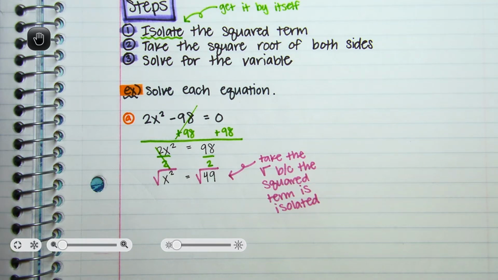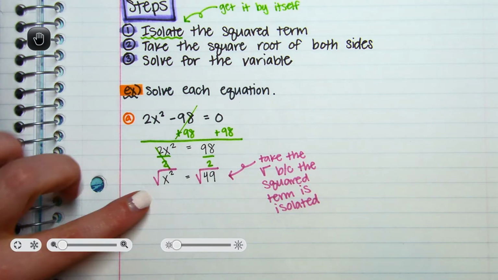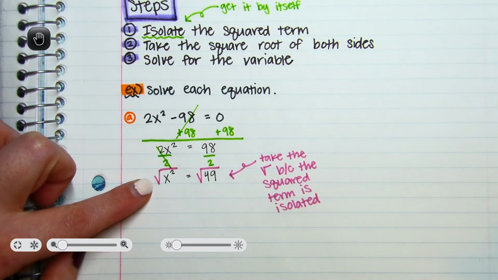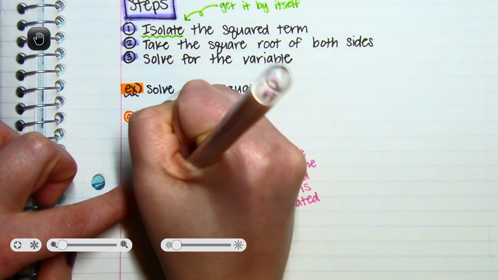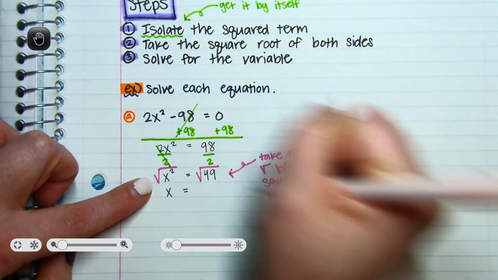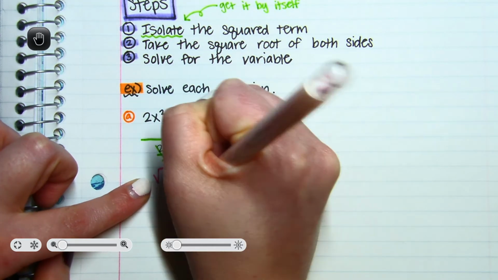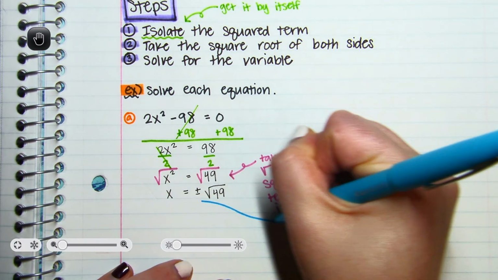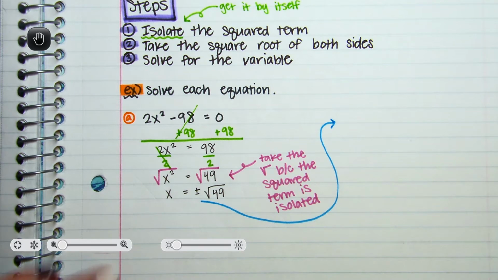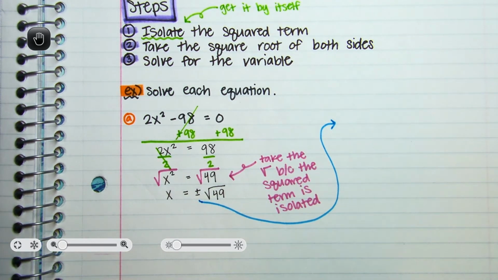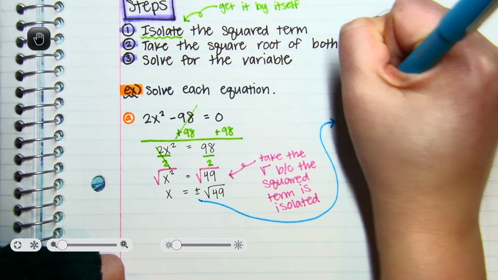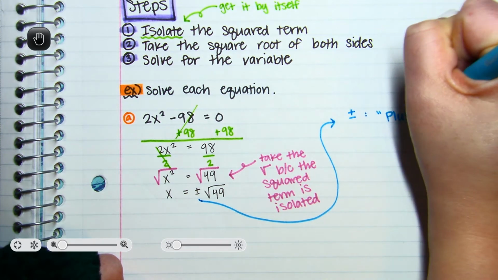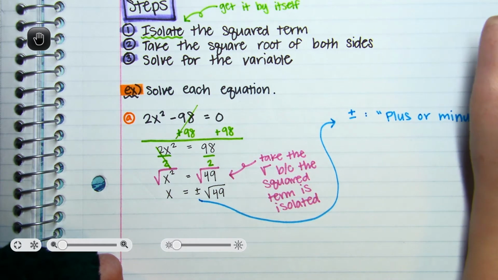Now, I'm going to write one extra step for this problem that I'm not going to show on the other examples. The square root of x squared is x equals, now I'm going to rewrite this as the square root of 49, but now I'm going to put a plus or minus out in front. This plus or minus, that's how we say it out loud in words when we see that term.